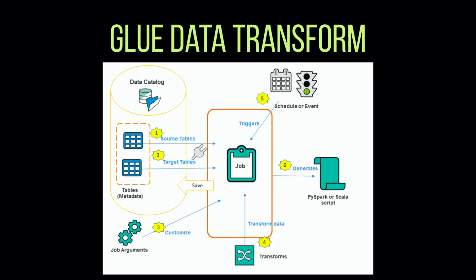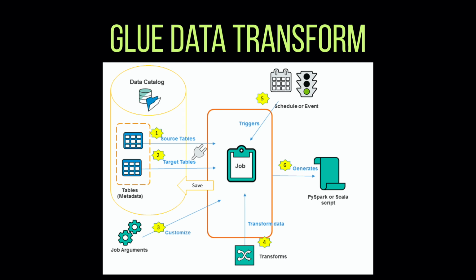So now let's move to the next part of the ETL process, that is the data transformation step. Glue has a concept called a job. A job is the business logic that performs the extract, transform, and load work in Glue. When you start a job, Glue will run a script that extracts the data from different sources. It will transform the data and load it into the different destinations.